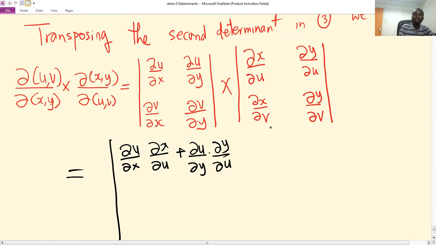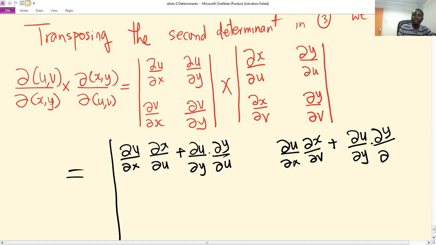Then the first row times the second row: partial u partial x, partial x partial v, plus partial u partial y times partial y partial v.